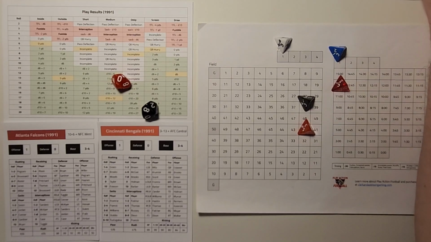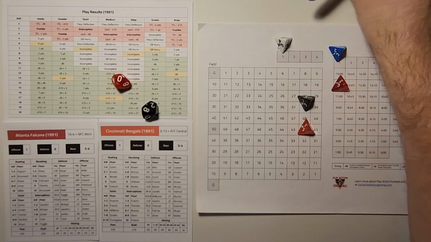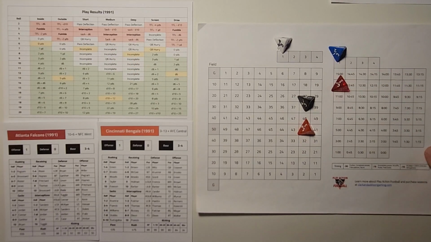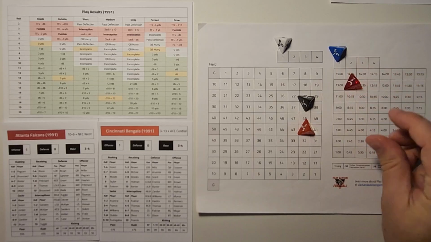So let me just get that marked down. It's going to take a little bit for me to get used to this new score sheet. And the Falcons take over first and 10 at their own 38.